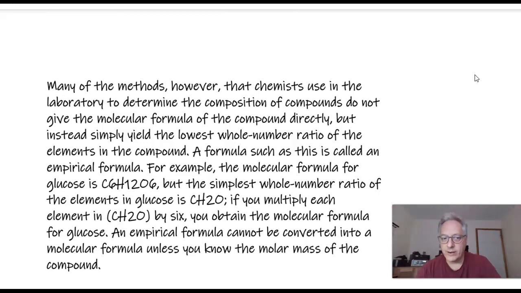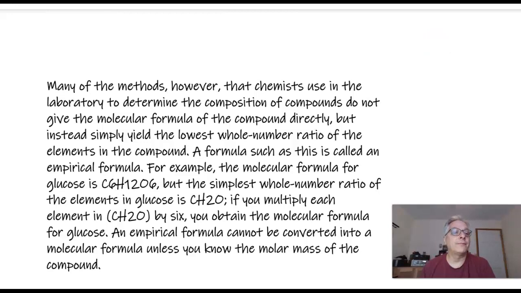Okay, there's a word right there, molecular formula. That is the formula as you know it. So, for example, if I'm talking about glucose, as it says later, the formula is C6H12O6. So what we would get is the ability to get the lowest whole number ratio of the elements in a compound. That's called the empirical formula.